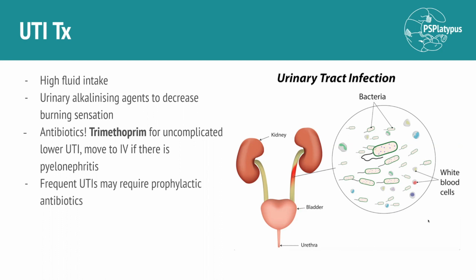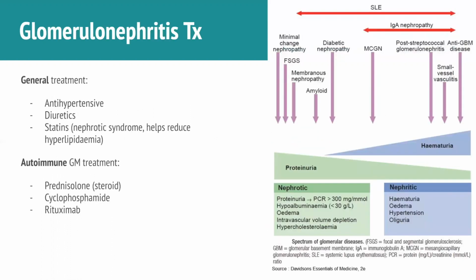Patients that have frequent UTIs may require prophylactic antibiotics to prevent them, as they're predisposed to getting infections, and prophylactic antibiotics can prevent progression into pyelonephritis.